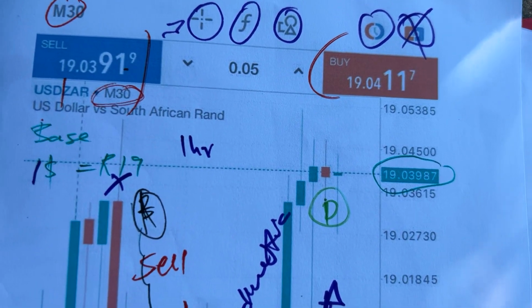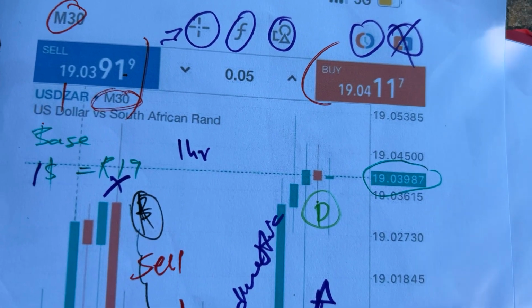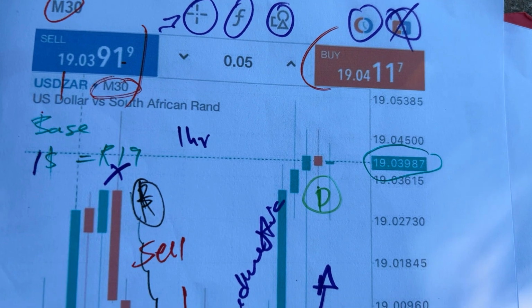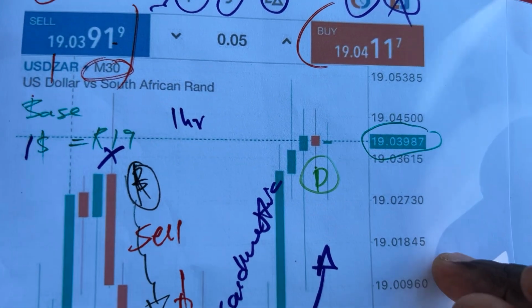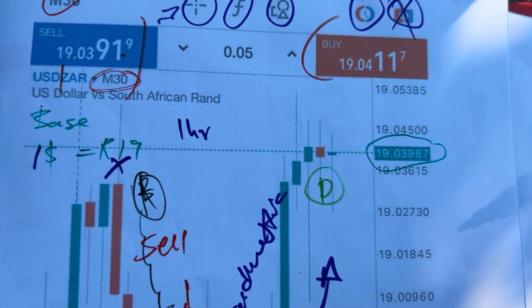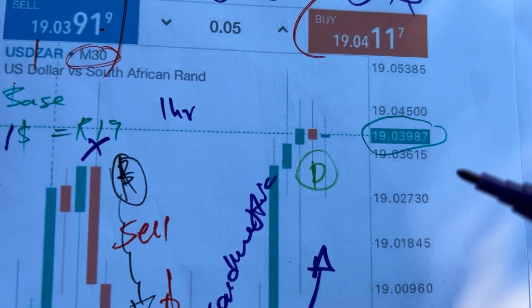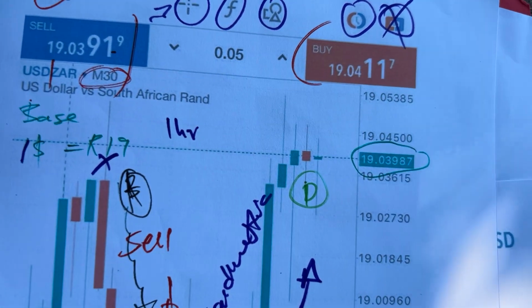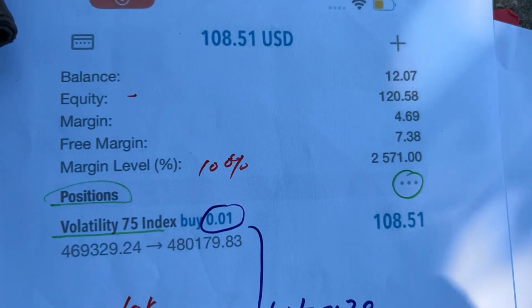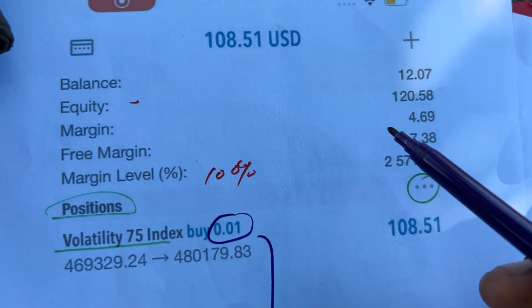We call it margin. You do not have the margin that is required for you to trade this market, right? But indirectly you can use as little as possible. In this case, we can use it here. You can see here we have a margin.